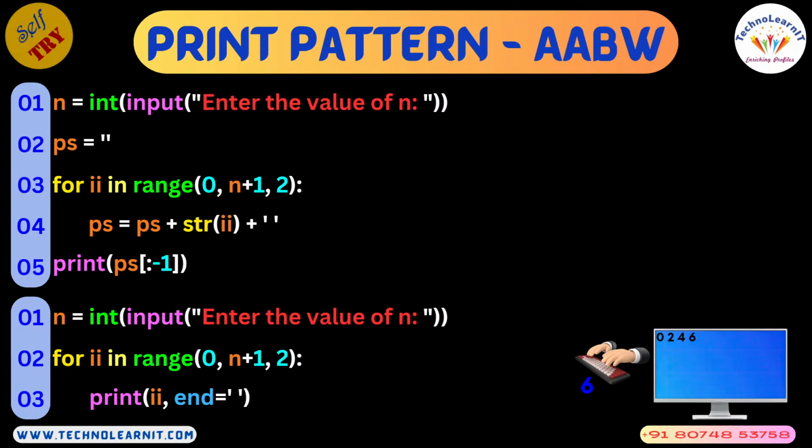Once you know how to write the range function with all the three values, start value, end value, and step value, identify what it is that I need to grab every time in each iteration to produce the output as described in the output screen. And using that, you can keep generating the numbers.